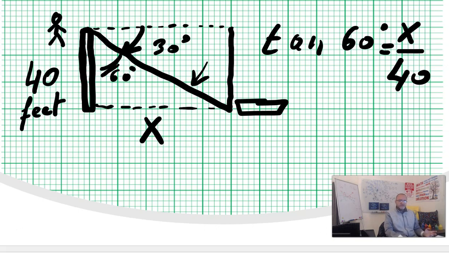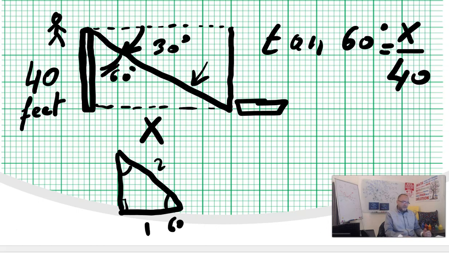The tangent of 60, if you remember your special triangle, this is a special triangle right here. I'm not memorizing anything. It's half of the equilateral triangle. This is my 60, and this is probably my 30, and this is the 90 degrees. And we said adjacent to that 60 is the 1, hypotenuse is 2.